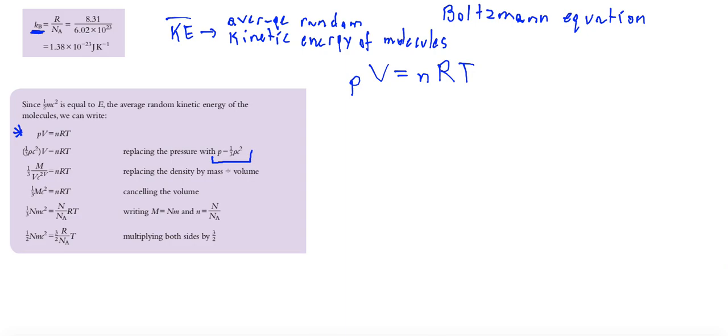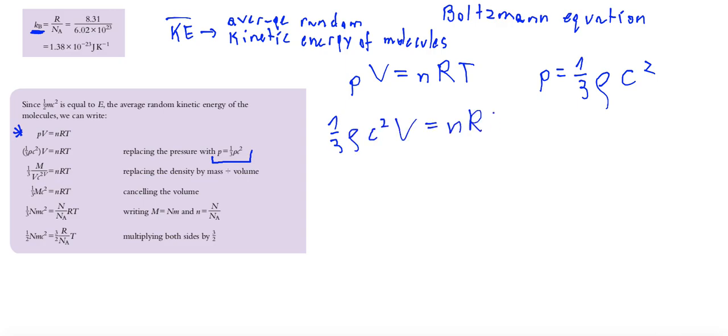Pressure of the gas can also be written in the form of one-third times density times the mean squared speed. Okay, so let's substitute here, and we have 1/3 rho c squared V is equal to nRT.